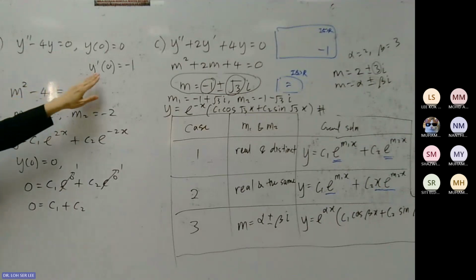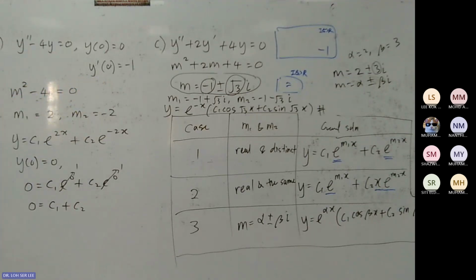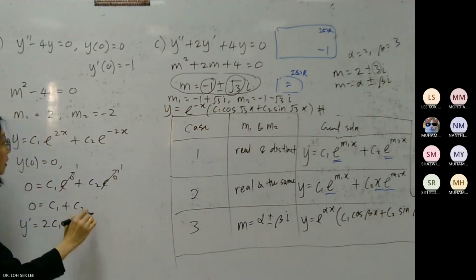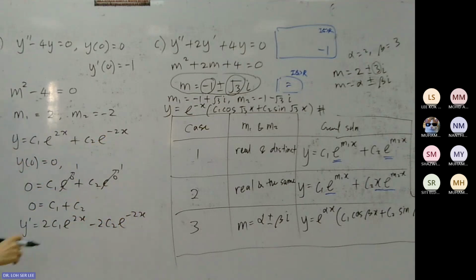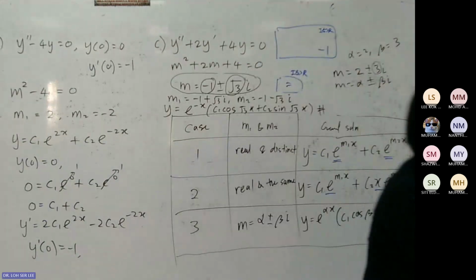Then we apply the second initial value, which is y prime. Before you apply it, you have to get y prime first. You differentiate this one, and you get 2C1 e^(2x) minus 2C2 e^(-2x). Once you have got your y prime, you can start to apply this. y prime at 0 equals negative 1.